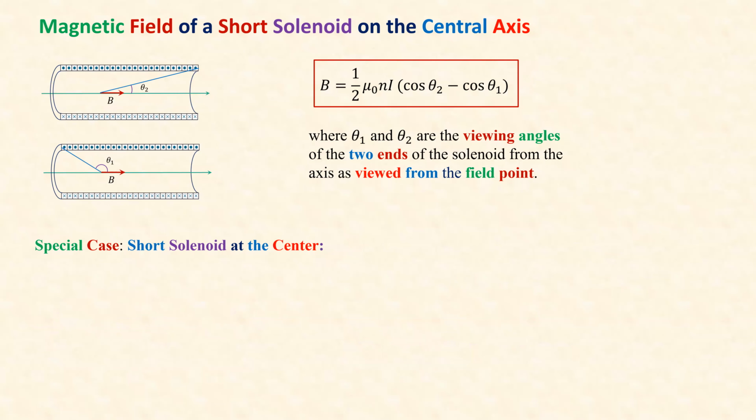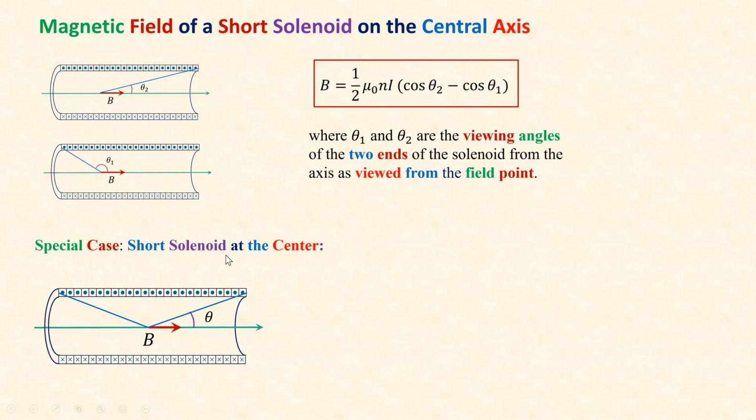Another special case is a short solenoid at the center. If you have a short solenoid, this is what the figure was showing. If you are at the center, you have these two angles the same, basically: theta 1 is 180 minus theta 2. So theta 2 is theta, theta 1 is 180 minus theta.